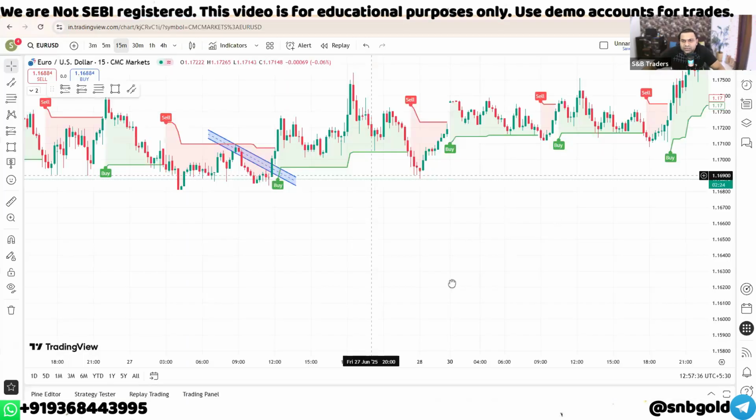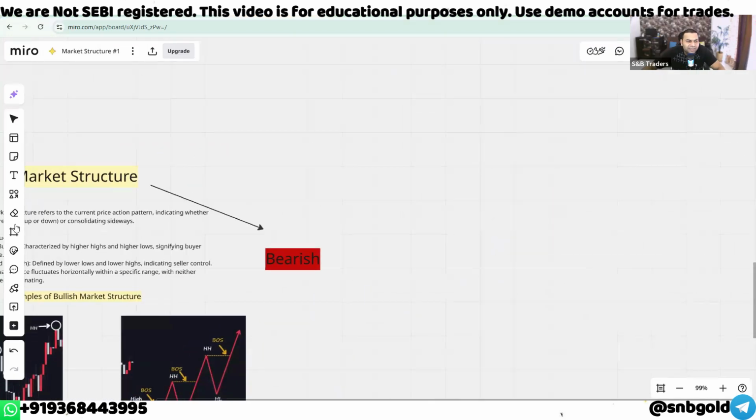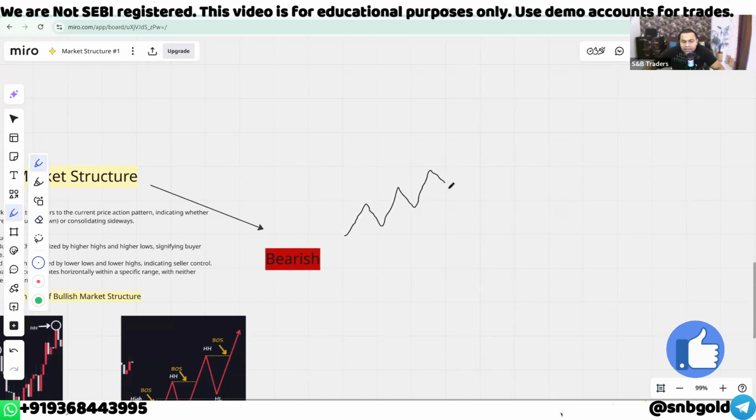Market structure is what the price is doing currently. So if the price is going like this, then the market structure is bullish. Same like the trend, but इसमें थोड़ी technicalities ज़्यादा है.